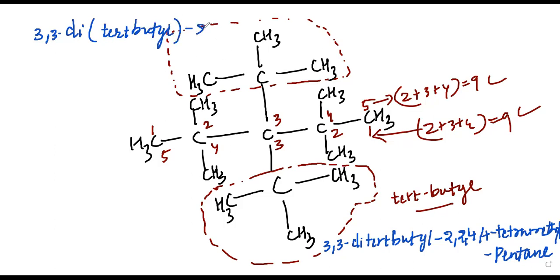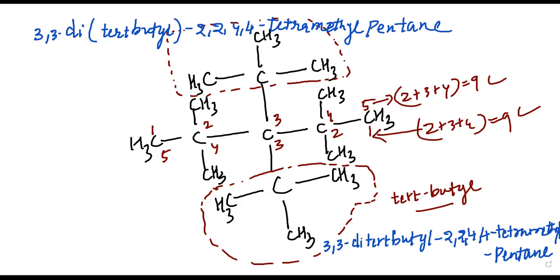Then we have 2, comma 2, comma 4, comma 4 tetramethyl pentane. So this is how we can write the name for this compound. I hope, my dear students, you have understood it well.